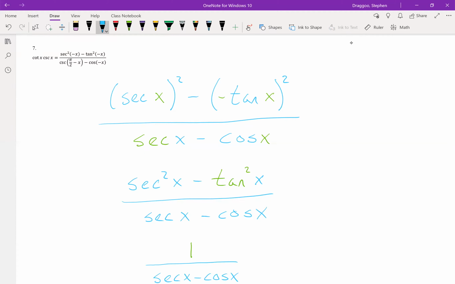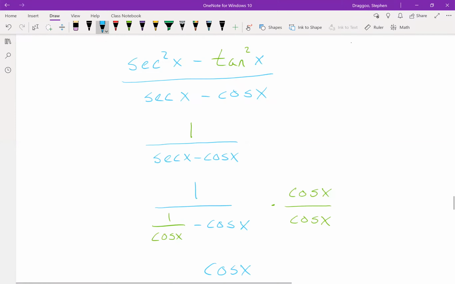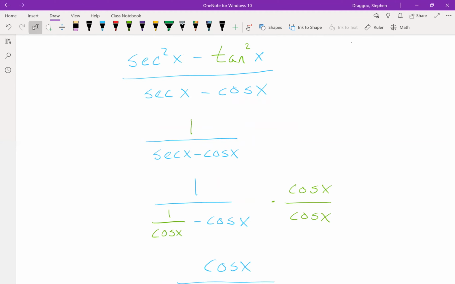So when I square negative tangent x, that negative gets squared away, but there is still the third negative that was on the outside of negative tangent squared. So my numerator should still remain secant squared minus tangent squared. And that is a Pythagorean identity. I know that secant squared minus tangent squared is equal to 1.